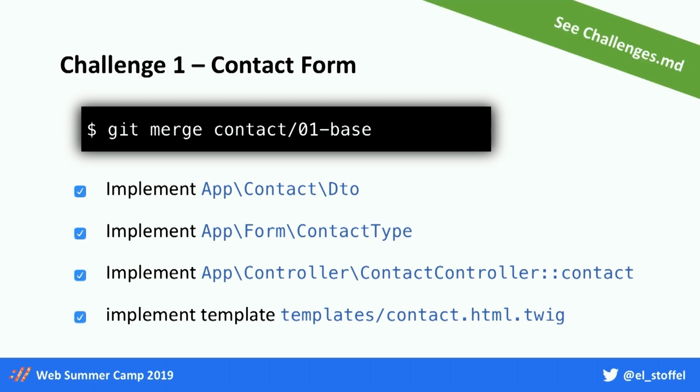There are some additional infos and additional challenges in the markdown file challenges MD. So if you are already done quite fast with the challenge, you can look in the challenges markdown file and you find additional branches to merge and to tackle additional tasks, challenges.